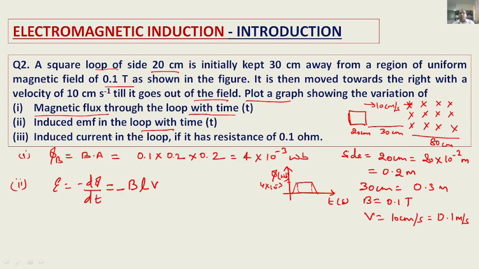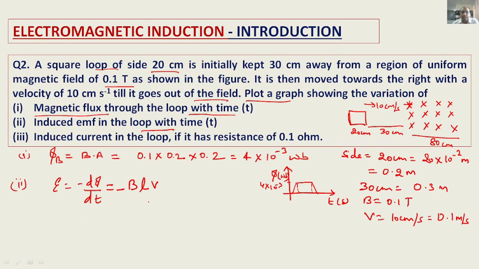Now, the magnetic field is already given to us, L is also available, that is 0.2, and velocity is also available.